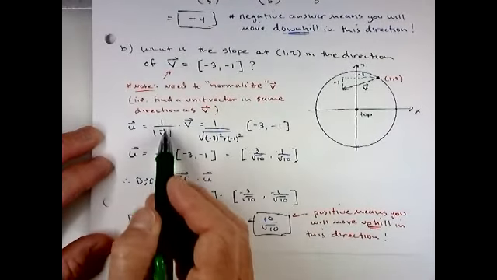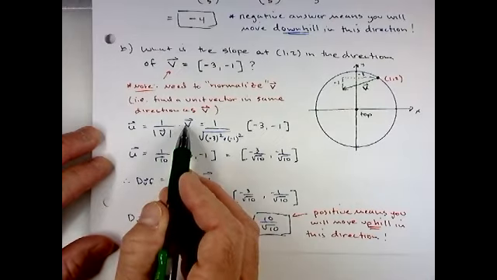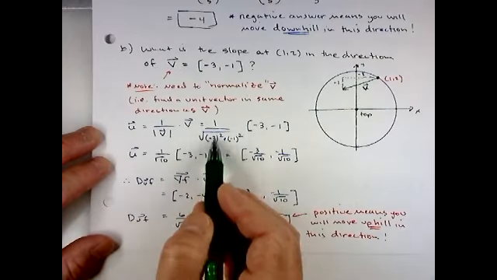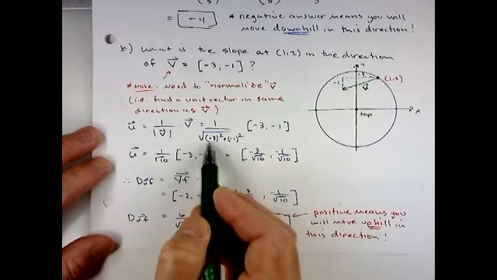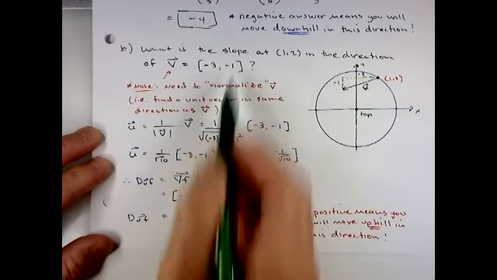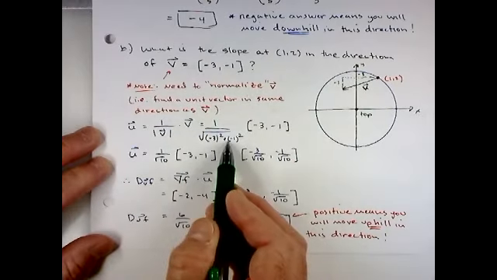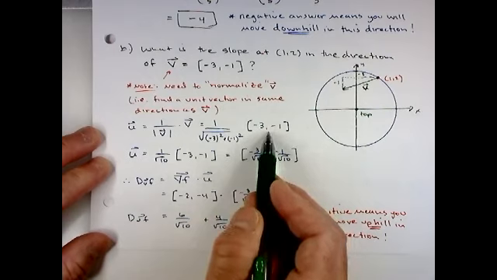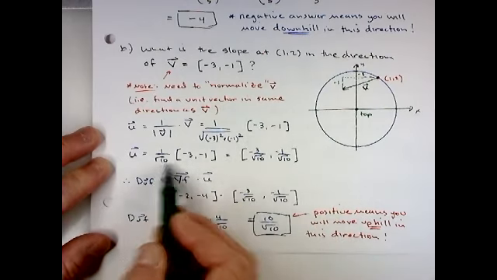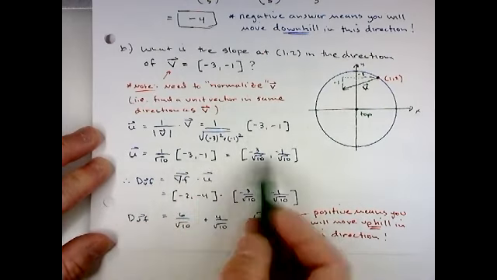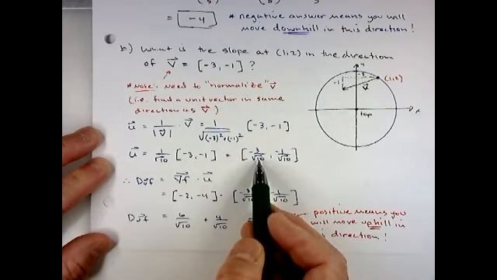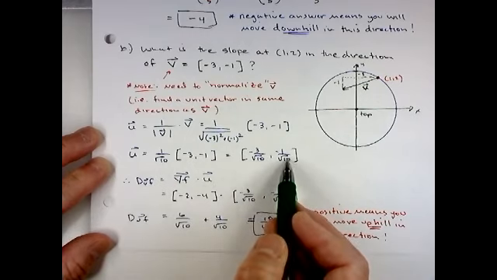You just do 1 over the magnitude of v, times v. Remember, the magnitude of a vector is just the square root of each part squared, added together. I get 1 over root 10 times my vector, and I'm just going to distribute that. I get -3 over root 10, -1 over root 10.